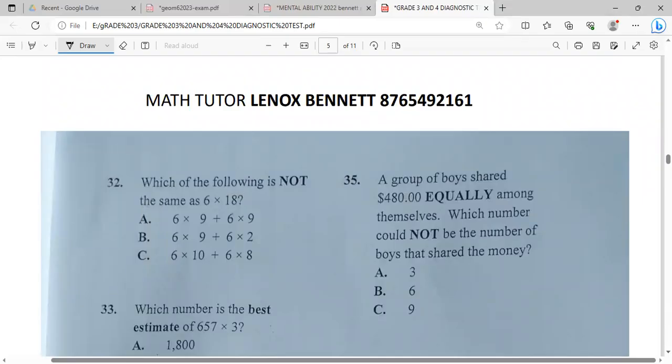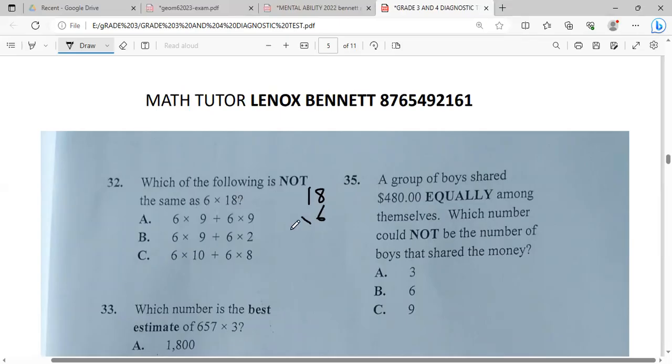32. Which of the following is not the same as 6 times 18? All right, so first, you can look at it and know, but you guys are young, so let me just show you a method. What you can do is to find what the value of this is, right? So it's gonna be 6 times 18.